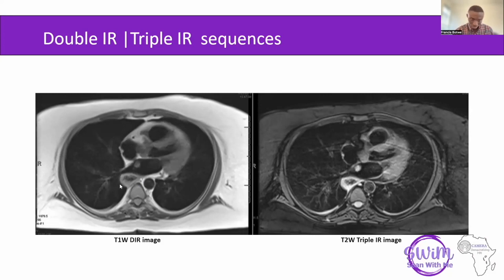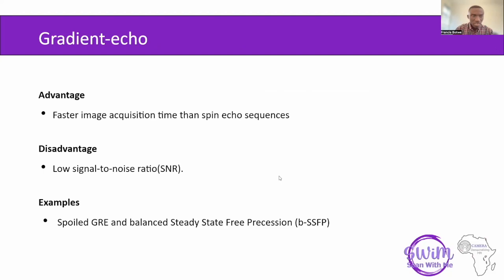So, which means that it's just double inversion recovery. And on my right side, you can see that fat looks dark, and at the same time, blood also looks dark, which means that they used the triple inversion recovery technique to acquire this image. We can move. Thank you.